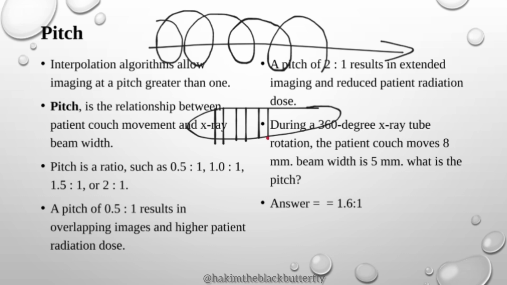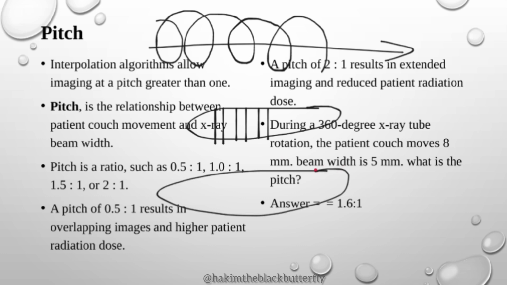When the couch speed is comparable to the tube and the detector rotation, they are almost the same.